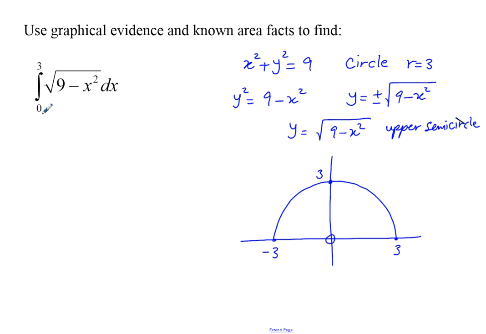Finding the definite integral from x equals 0, that's this here, to x equals 3, that's this here, it's basically as if it is saying what is the area of this quarter of a circle here.